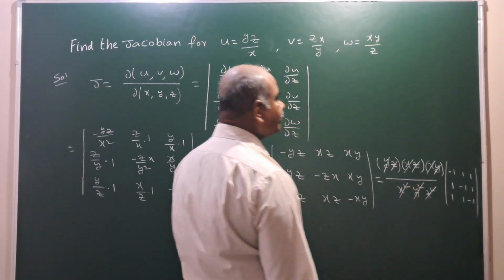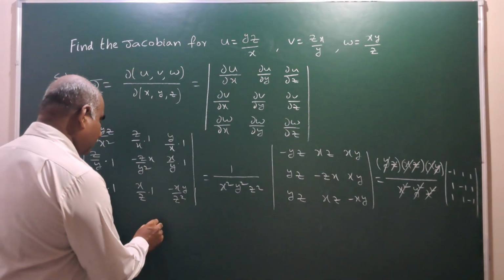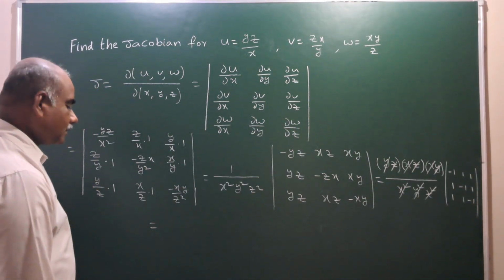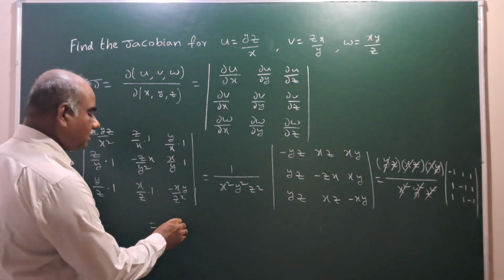Okay. Now we have to evaluate the determinant. We expand the determinant along the first row.